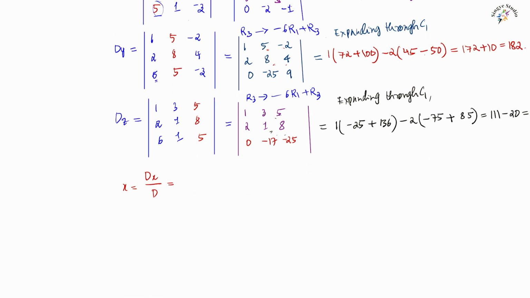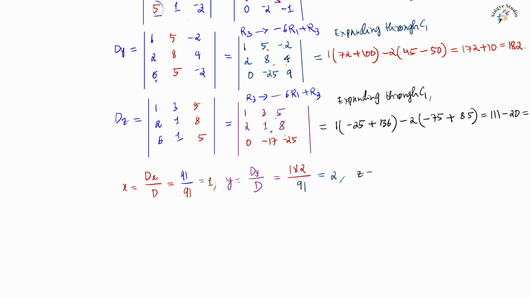So it will be 91 upon 91, which is 1. The y value will be dy upon d, and dy is 182 upon 91, so it will be 2.